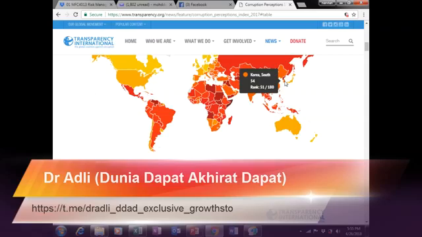Any country that you want to know? This is actually done by Transparency International. You have to look at the methodology being used and so on, but as an indicator, we can use this. And Malaysia is quite okay, not bad.